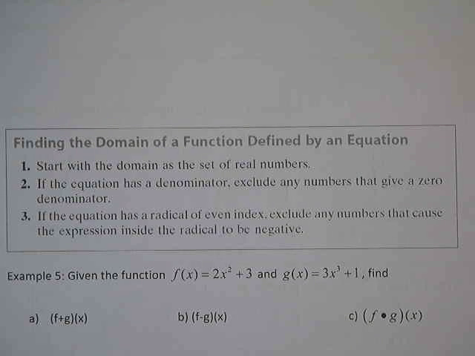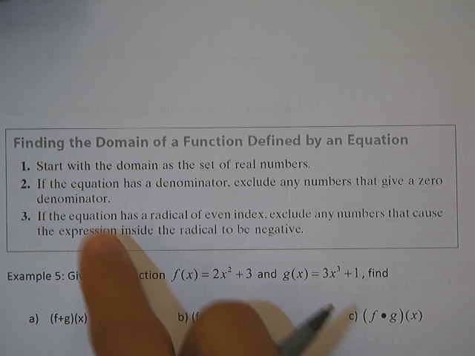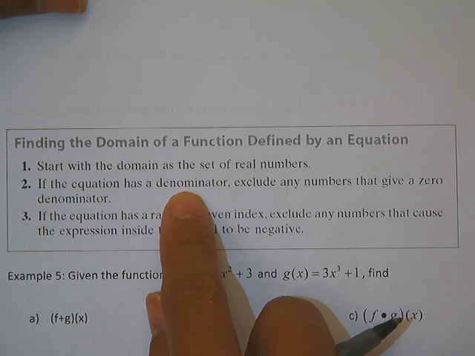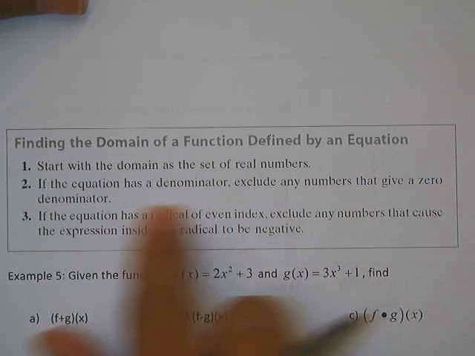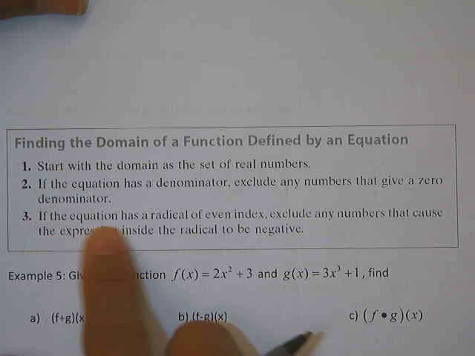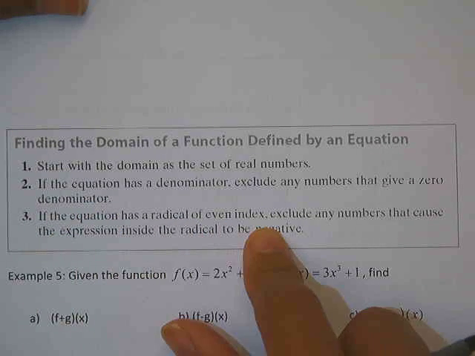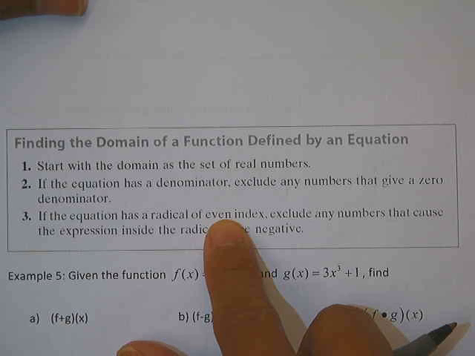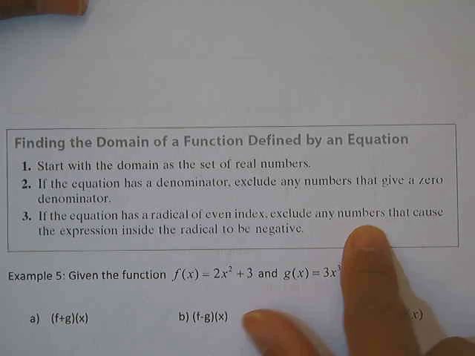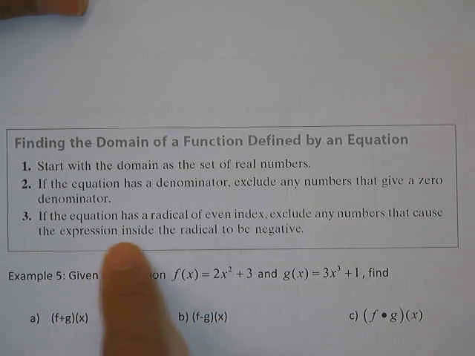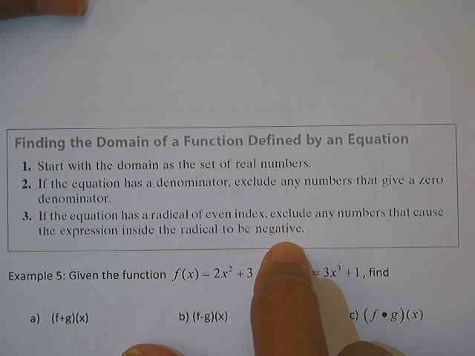Every single equation, assuming it's a function, we start with all real numbers. If the equation has a denominator, exclude any number that gives a 0 denominator. If the equation has a radical of even index, that means a square root, fourth root, or sixth root, exclude any number that causes the expression inside the radical to be negative.